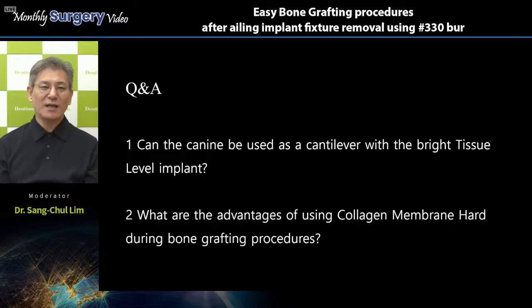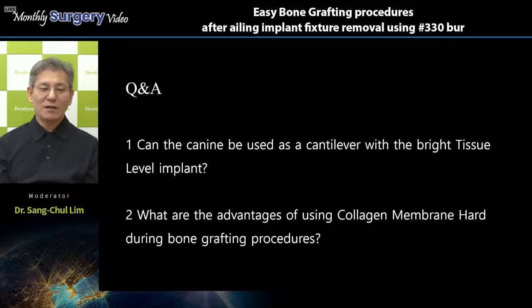Actually, these canine areas can be cantilevered, right? The implant mechanics are a little bit different compared to natural dentition. So in some cases, this canine portion can be skipped, right? So finally, my answer is yes, I can.